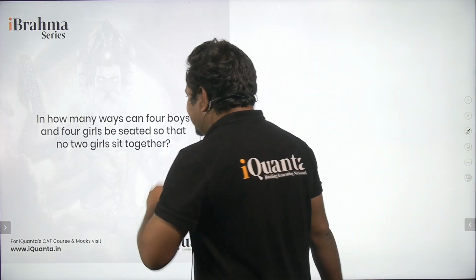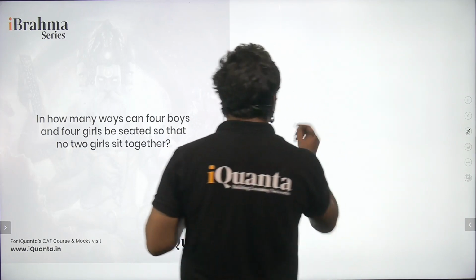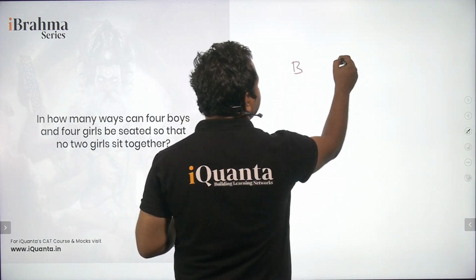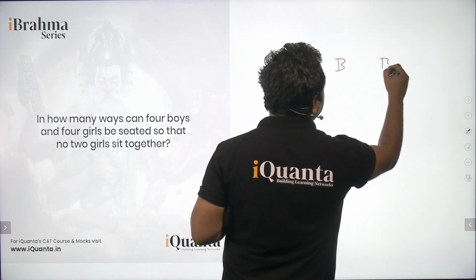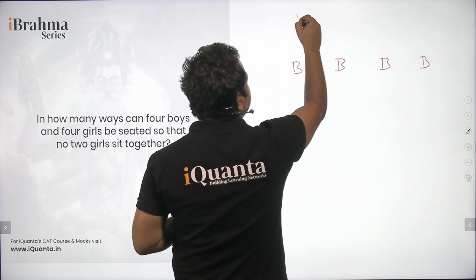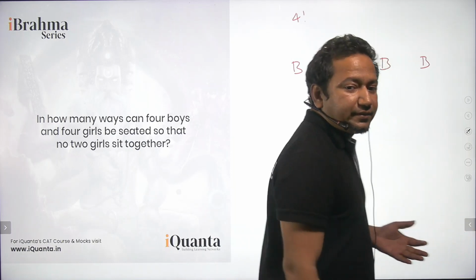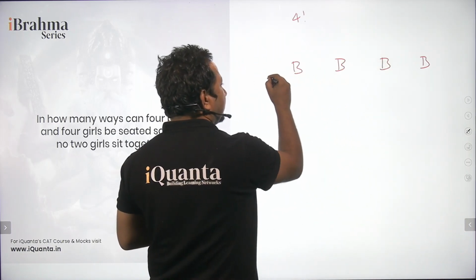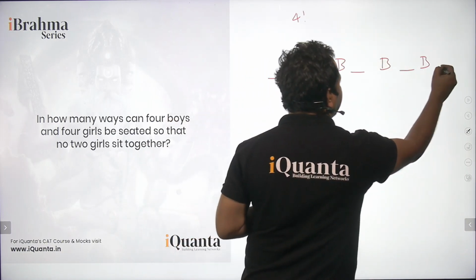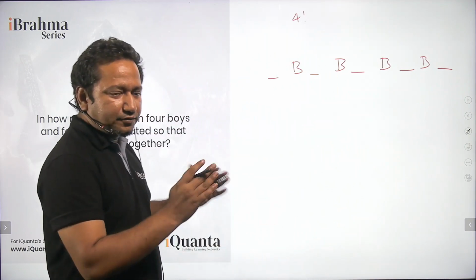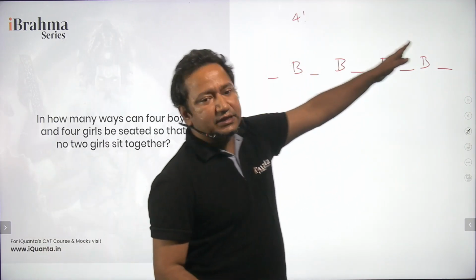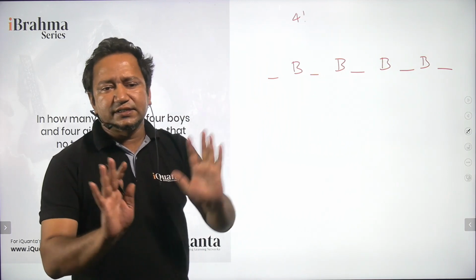I assumed that 4 boys are sitting in factorial 4 ways. That is all right. I also understood that there are a total of 5 spaces if I consider the first and the last one as well. So there are 5 spaces in which 4 girls have to sit.